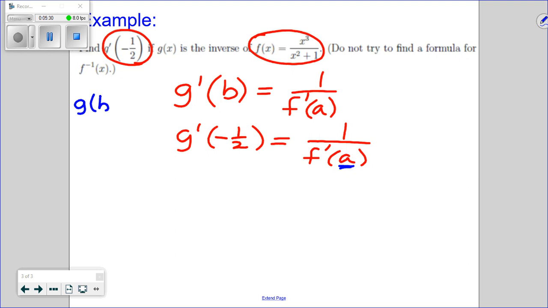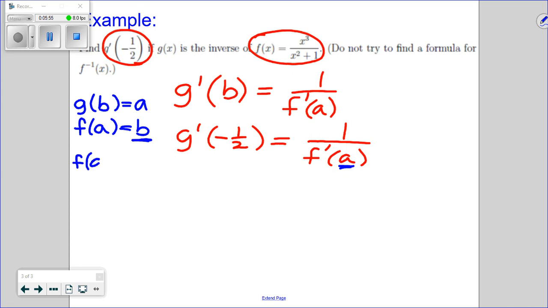if g of b equals a, remember that f of a equals b. I'm just referring back to that relationship. If f of a equals b, then g of b equals a, because these are inverses of each other, and they're going to switch your input and your output. So we know what b is. b is negative 1/2.